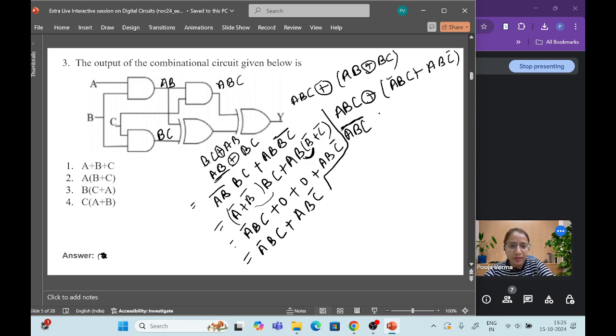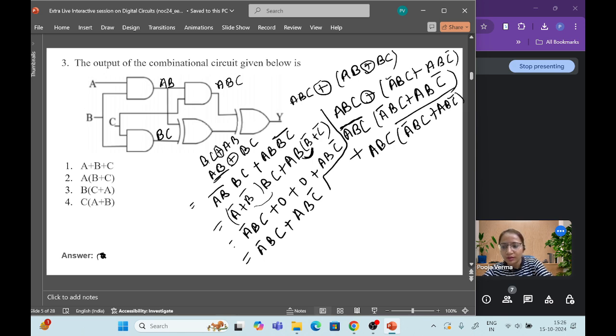So ABC dash, and in multiplication A dash BC plus ABC dash plus the opposite one, ABC, A dash BC plus ABC dash, right? This one. So after this I am taking it from here to here, okay?